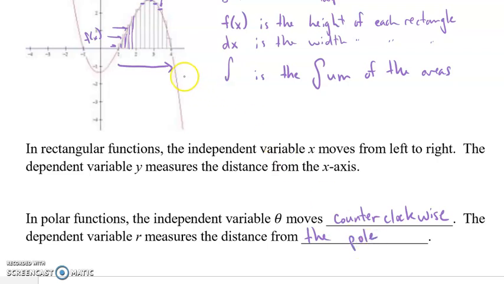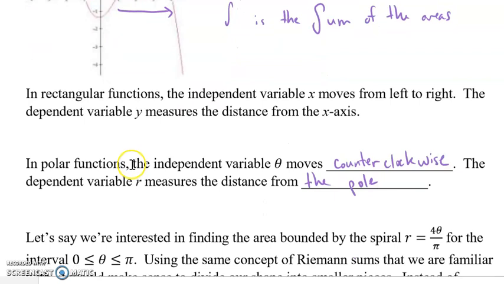So we can think about the x-axis being wrapped up into a tiny little point right there in the center, and instead of moving from the left side to the right side, we're just spiraling around the pole. All right, cool. So that's a fundamental difference in the way the variables behave in rectangular versus polar.